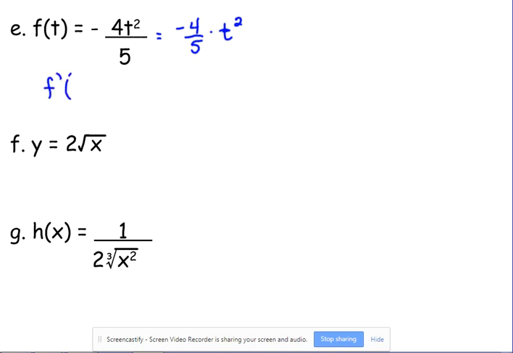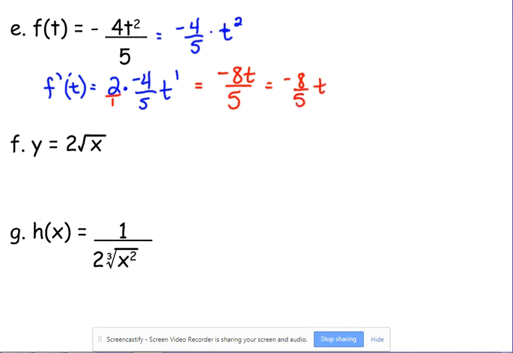So f prime of t is equal to, bring down the 2, keep the -4/5, subtract 1 from the exponent. So if we fix this up, that's like 2 over 1, so that's -8 over 5. And you can put the t there, or you can put the t beside the fraction, whatever you want to do. Either one is acceptable. Probably you're going to see it in the numerator, just because it takes up less space in printing.